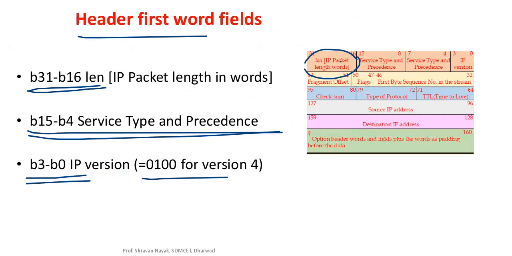And from 127 to 96 and 159 to 128, the source IP address and the destination IP address.